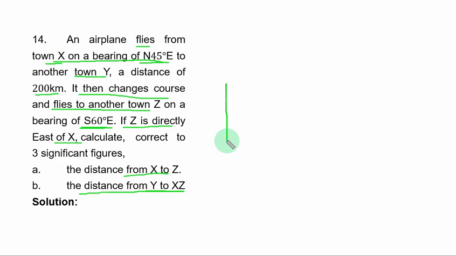So let's take this as town S. So town Y, the bearing is 045 degrees. The distance is 200 kilometers, so here is 200 kilometers.